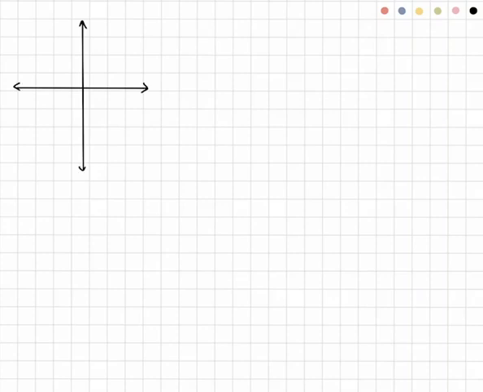Okay, so I've got a graph that looks like this. I've got a point at negative 2, 0, so let's say that's about there. And then I've got one here at positive 4 and 0, and they've drawn this graph like so.